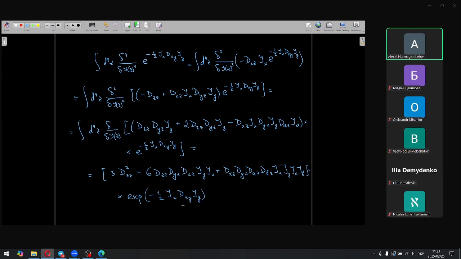So how can we present the expression inside the square brackets in pictorial form?